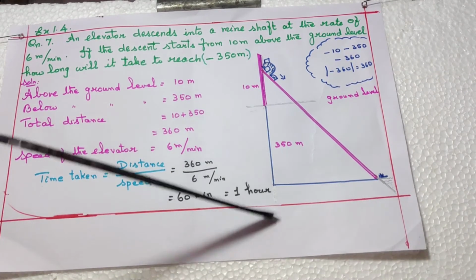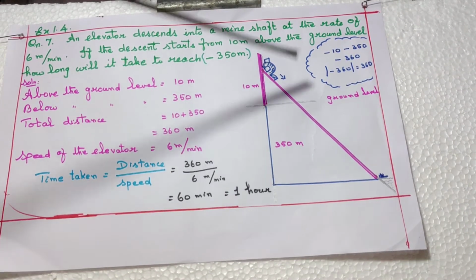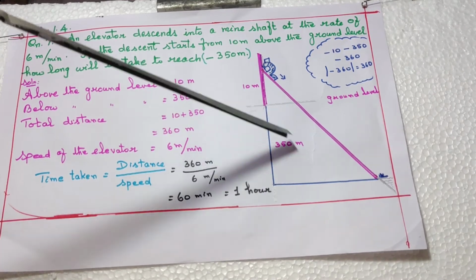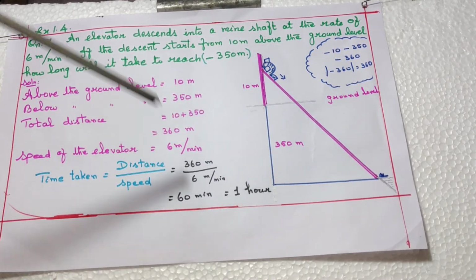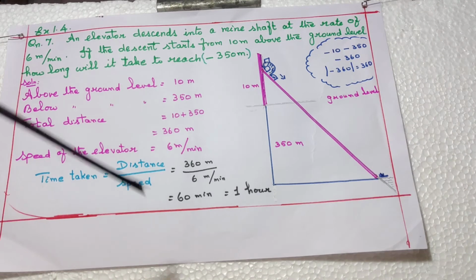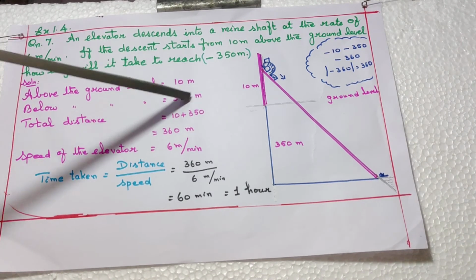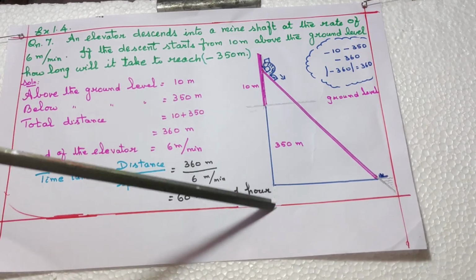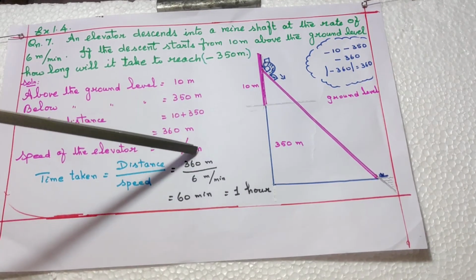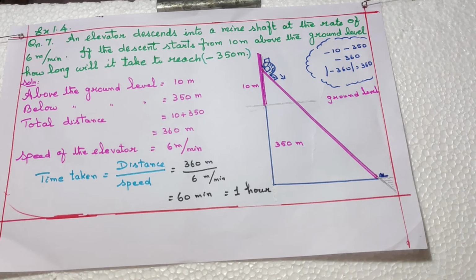But the distance cannot be written with the negative. So we are taking 350 meters, or we can say that it is an absolute value. So now the total distance is equal to 10 meters plus 350 meters, which gives you 360 meters.